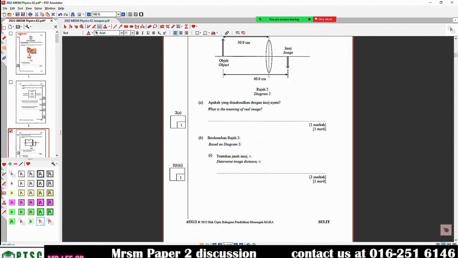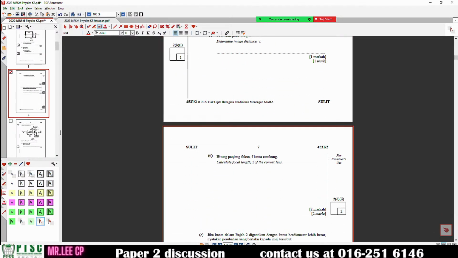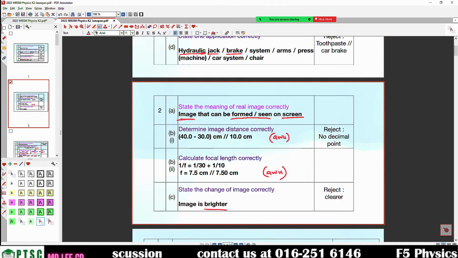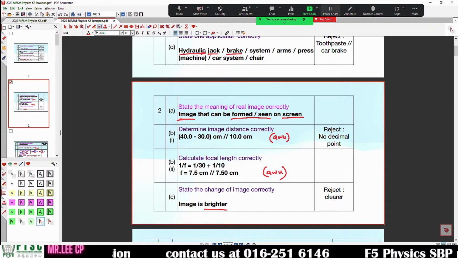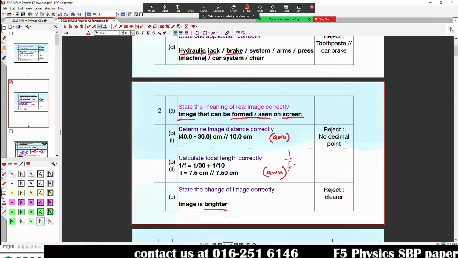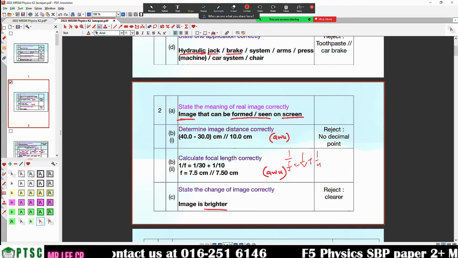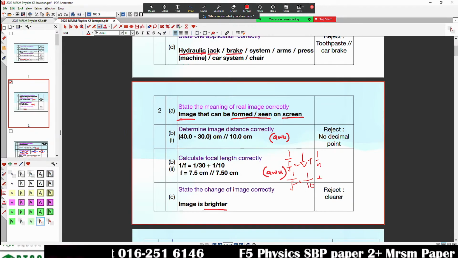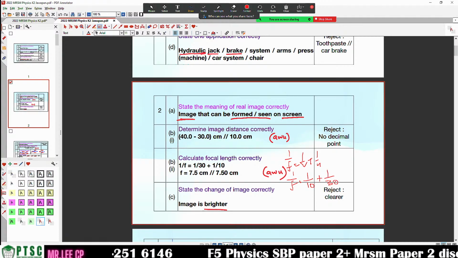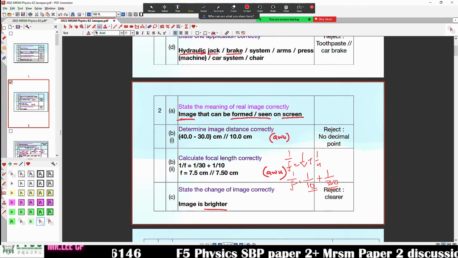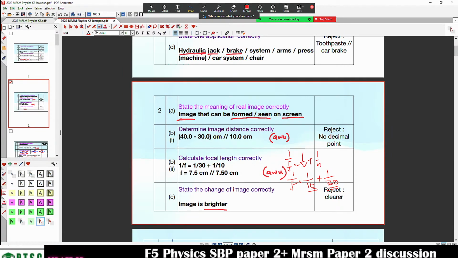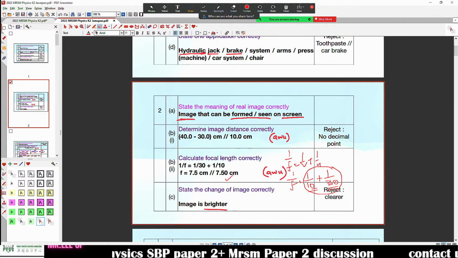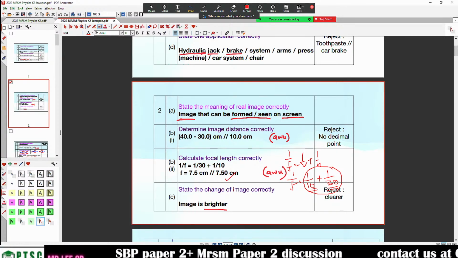All right, so find the focal length. Focal length is 1 over f equal to 1 over v plus 1 over u. 1 over f is equal to 1 over v plus 1 over u. F you don't know. V is 10, U is 30. 10 inverse plus 30 inverse equal. So after you have calculated, get one more decimal, better.